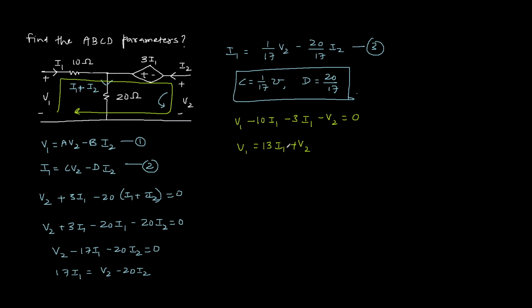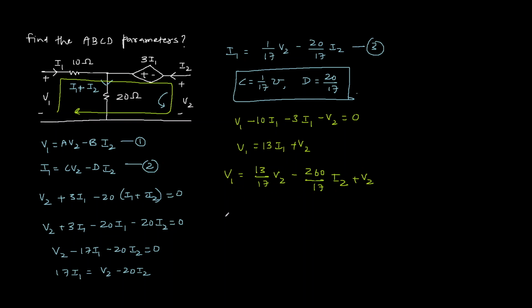So now let's replace I1 from equation 3 into this equation. So V1 is 13 over 17 V2 minus 13 into 20, which is 260 over 17 I2, and then plus V2.